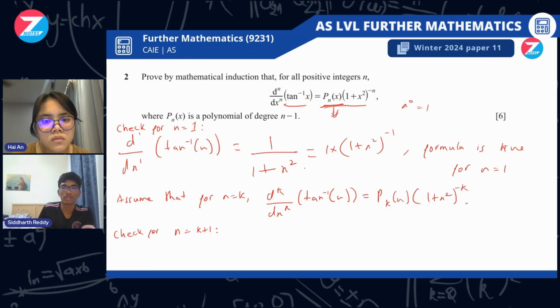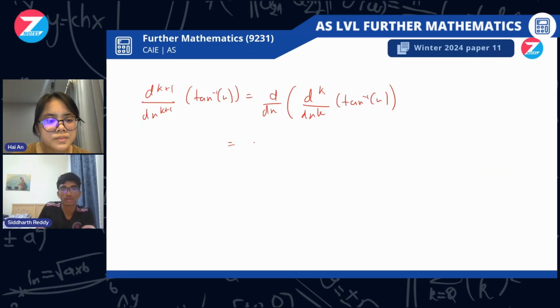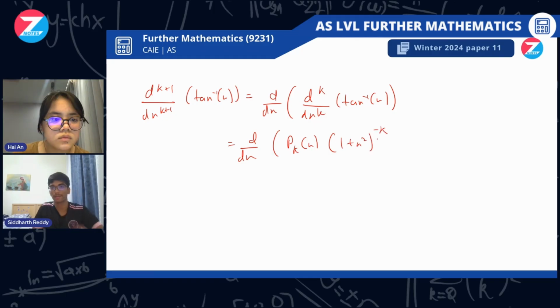Remember that we already assumed that the kth derivative of tan inverse of x is pk of x times 1 plus x squared to the power minus k. Now let's derive this using the product rule.